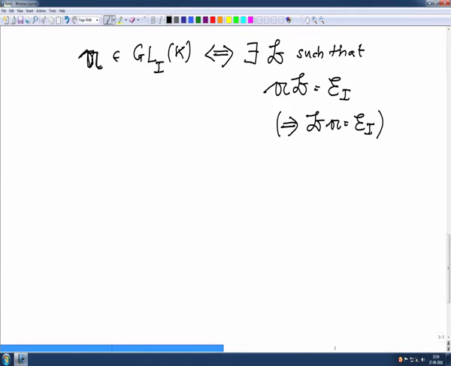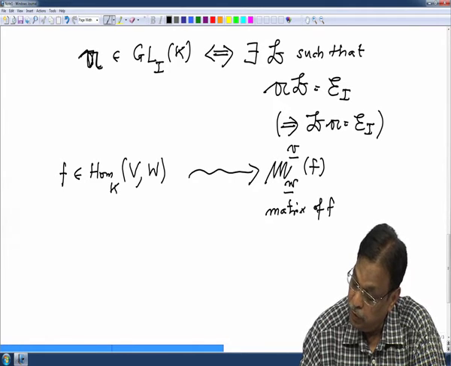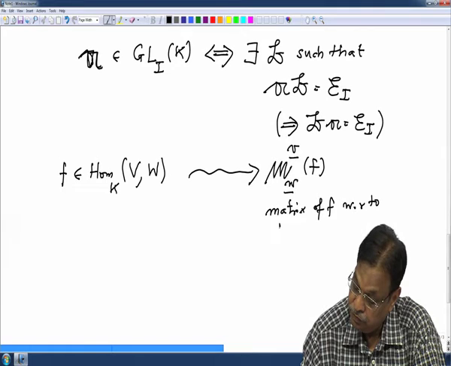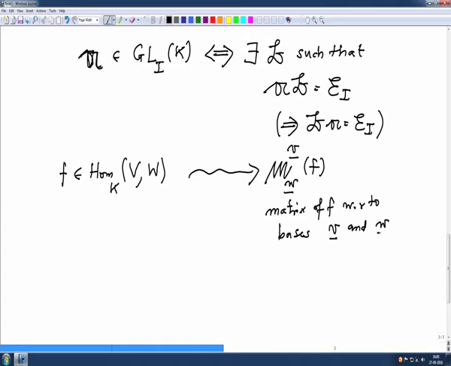Okay, now we are going to continue this, and I want to analyze now. You remember, for any f in Hom_K(V, W), we have attached a matrix M_{V,W}(f), the matrix of f with respect to the bases V and W of V and W respectively.